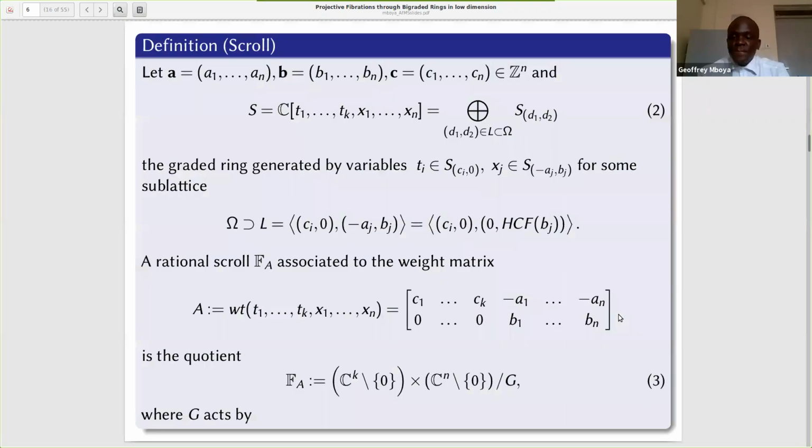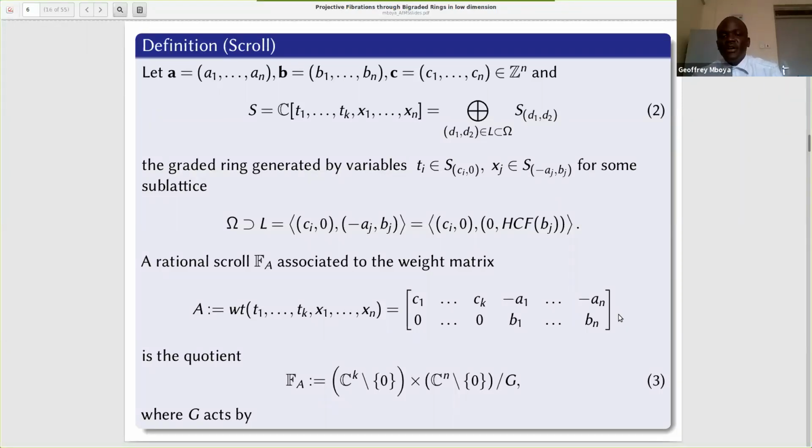So what are scrolls? Take a, b, c, which are n-tuples of integers. Then we take a lattice which is generated by the coordinates ti and xj, where ti is a general element in the graded piece of degree (ci, 0) of the bigraded ring S, and xj is in the graded piece of degree (minus aj, bj).